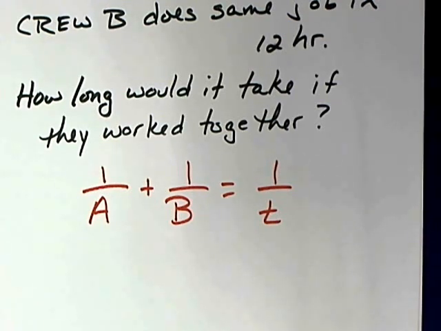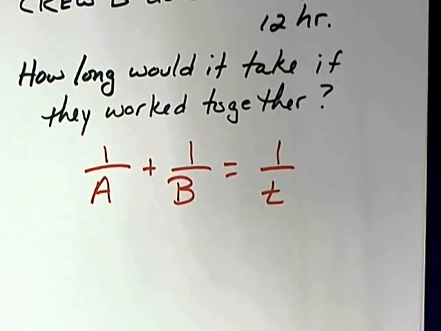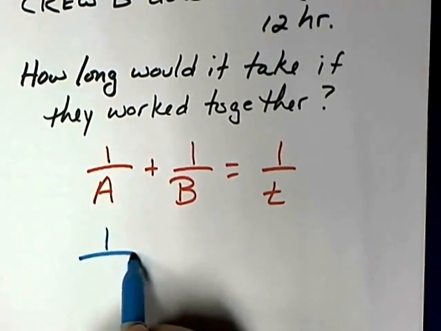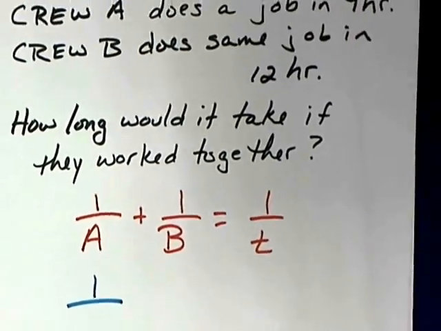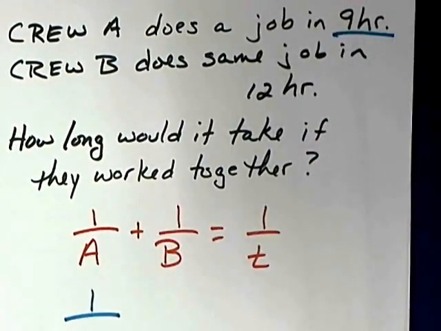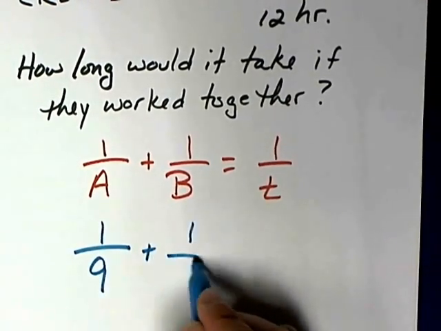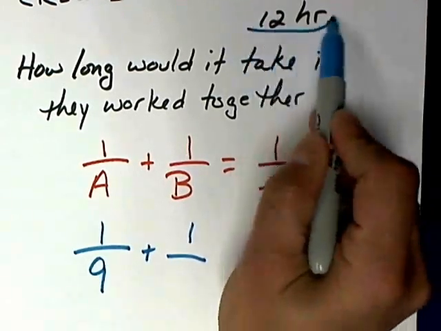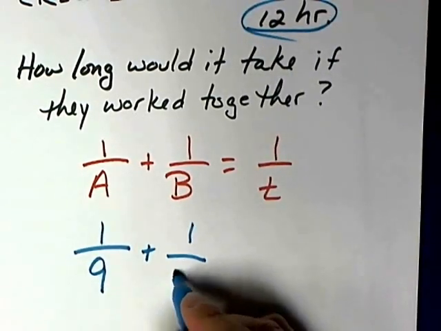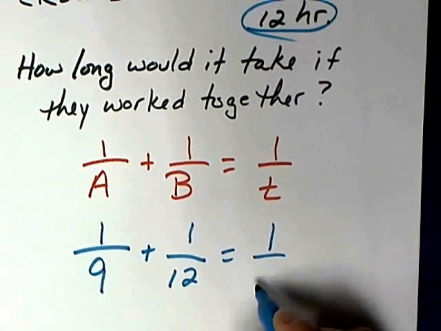So we plug in the numbers that we know. 1 over crew A, it said up here, did their job in 9 hours. So A is going to be 9. Plus 1 over B. B is this 12 hours. And we're solving for T.